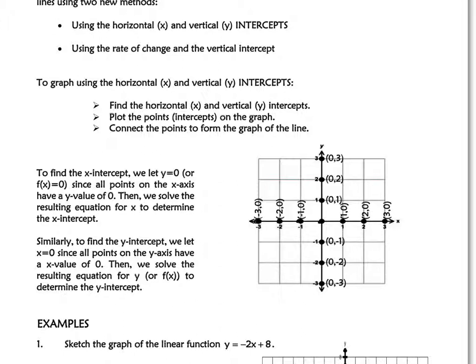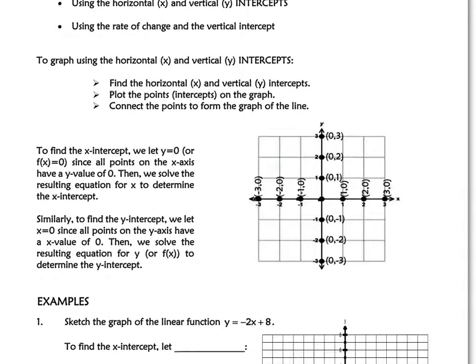And similarly on the y-axis, every single point on the y-axis has an x-coordinate of 0. So we use that idea to help us figure out the y-intercept and the x-intercept. If we're looking for the y-intercept, we let x equal 0, because every point on the y-axis has an x of 0. And if we're looking for the x-intercept, we let y be 0, because every single point on the x-axis has a y-coordinate of 0.